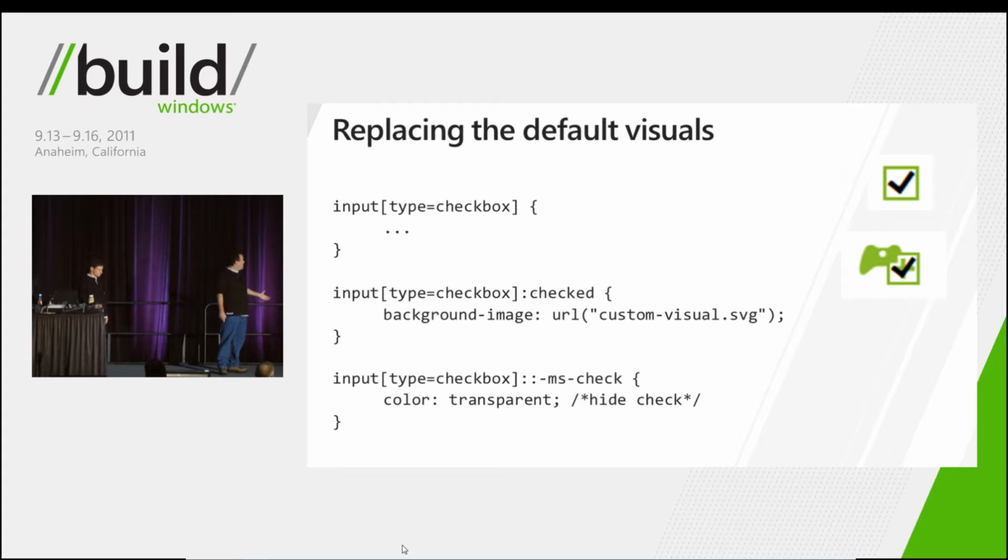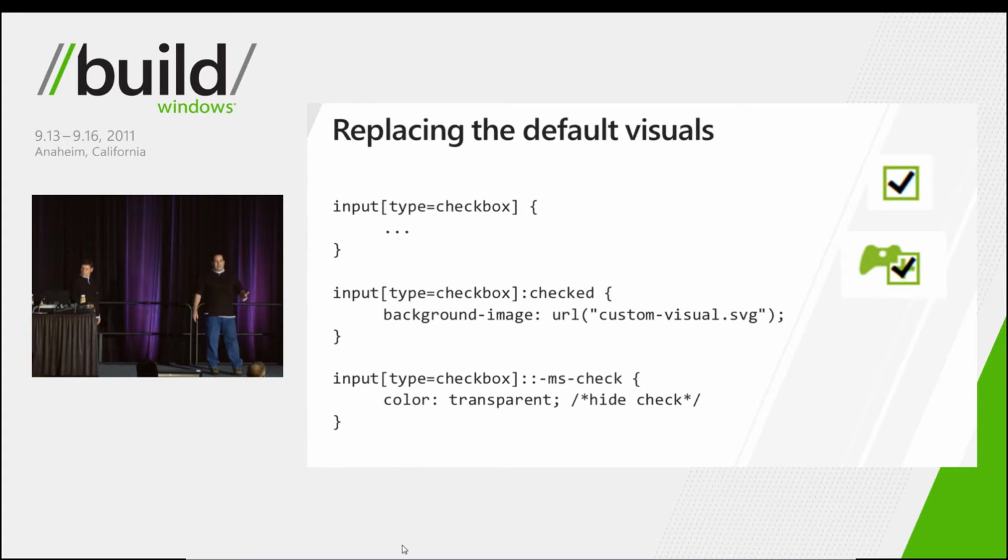I want to make it disappear. So what I'm doing here is I'm introducing my own artwork, I'm removing the old artwork, and once I've done that, I get a checkbox that when checked looks exactly the way I want it to. It's my custom artwork, and it looks good. It goes outside the box. I mean, I can really change the appearance of the control. So that's a good start.